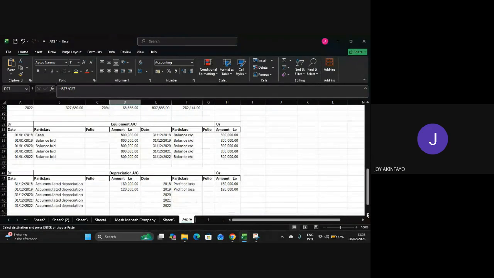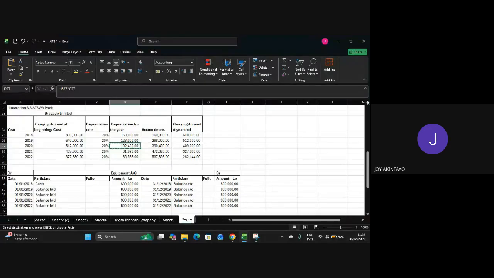So for 2020, what is the value we have? We have 102,400, abi.